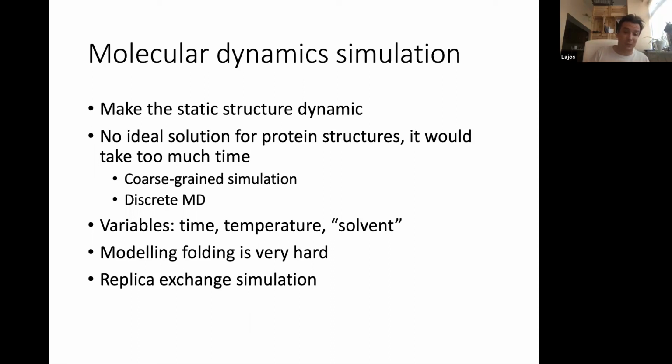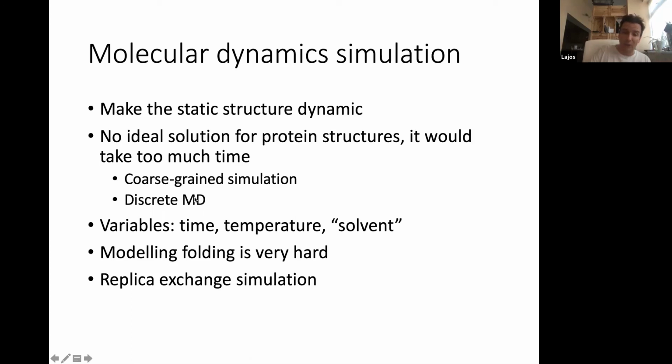So you will have a bead for glycine, you will have a different bead for alanine, and you have 20 different beads with 20 different properties, and you are just looking at the interaction between these beads. It's a much simplified way. The computer has to do much less calculations, so you can simulate longer times, but you already put in a huge bias.